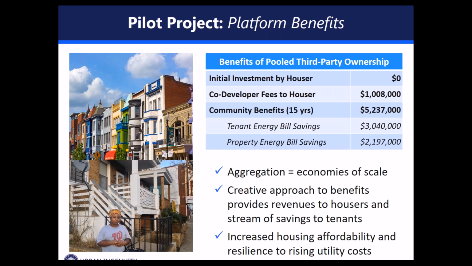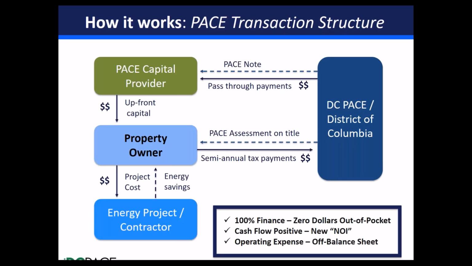So we're making it easier for these community-based entities to thrive and do their mission-related work, and also increase their overall resilience, whether it's climate resilience or financial resilience to rising utility costs.